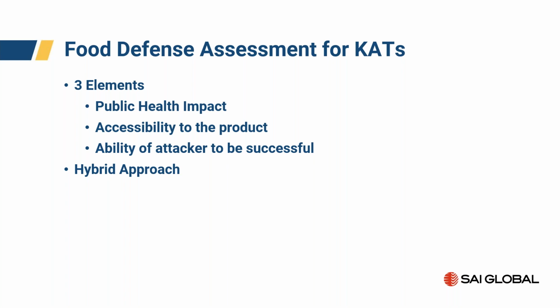And then the FDA has a hybrid approach, which they recommend that you combine the key activity types with these 3 elements. A lot of this is going to be brief today, and that's why I would encourage you to attend the FDA's class that's being put together by FSPCA for intentional adulteration, in which that class is a 2-day class, and we'll go into great detail on how to do these assessments. But I will cover the type of things that you're going to find in that class.